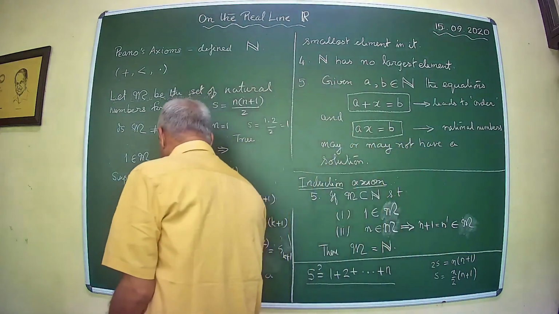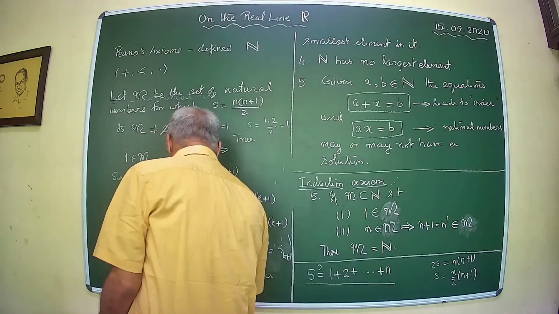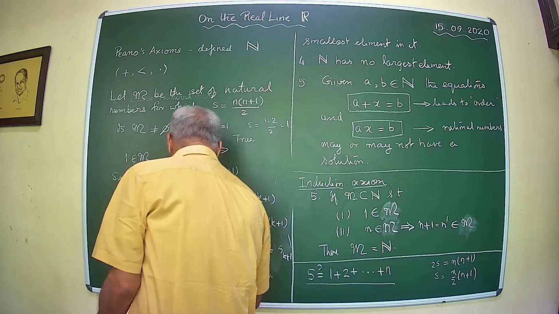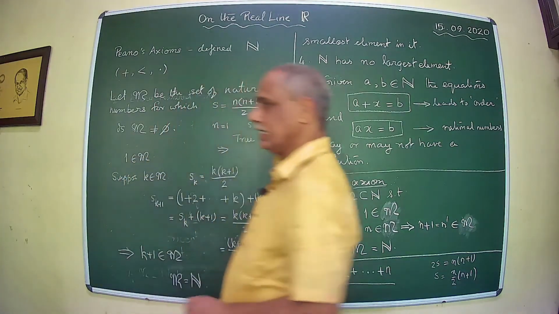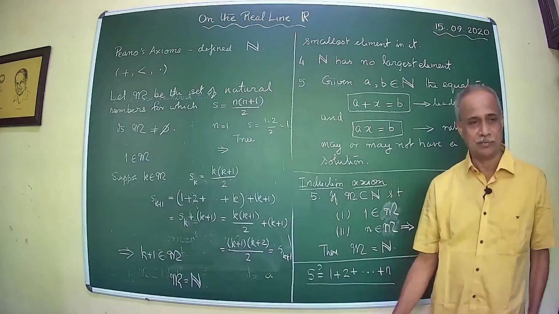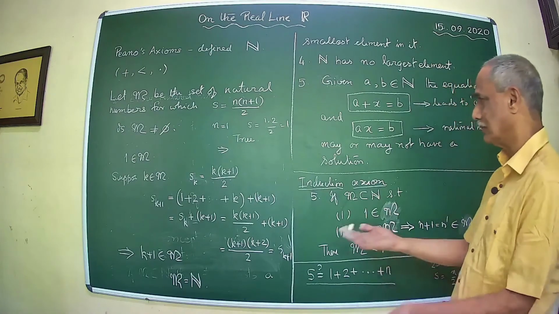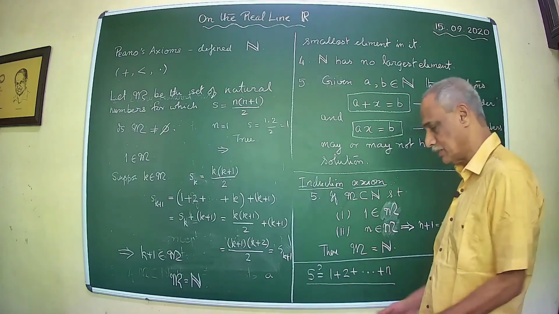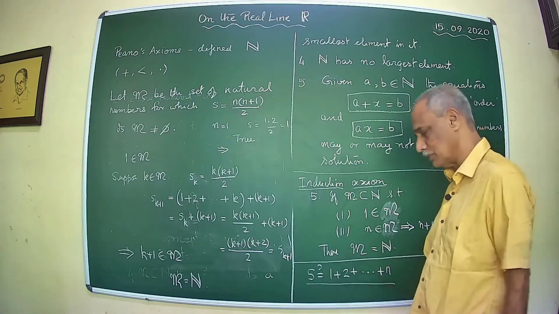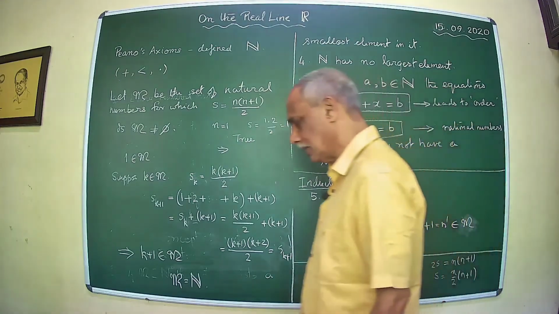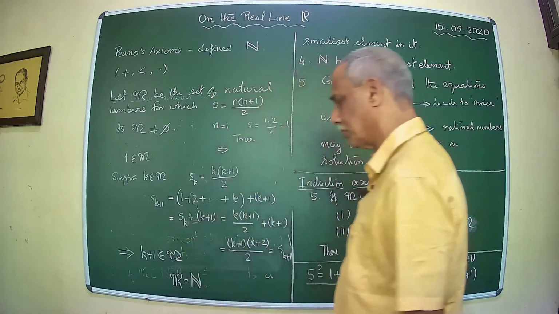Therefore, this is the logical part of it. But what one normally does is that you just check whether 1 belongs to it, K belongs to it, then K plus 1 also belongs to it. Then you immediately write down that it is valid for all.